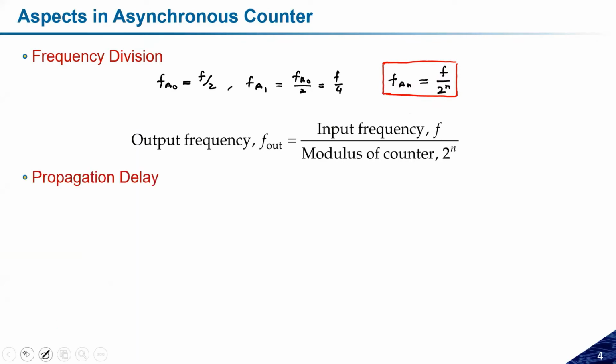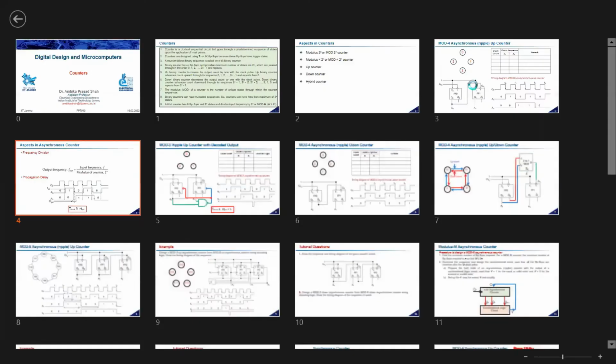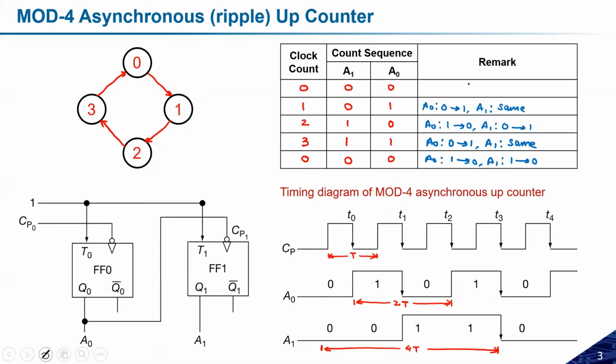The next parameter we should consider is the propagation delay. What is propagation delay and why is it important? Let us go back to the previous slide. Suppose I have applied a clock pulse here.